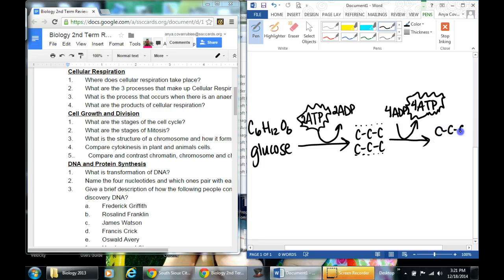So this is 1 pyruvate, and then we make another pyruvate. And this pyruvate is going to be what is taken to the Krebs cycle, and this is what is processed there if there's oxygen. So if it is an aerobic environment, we head to the Krebs cycle.